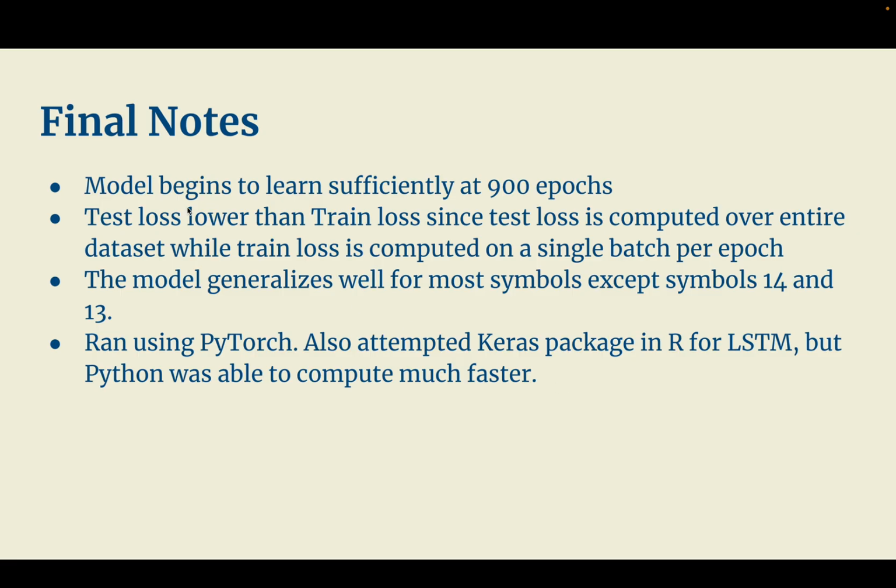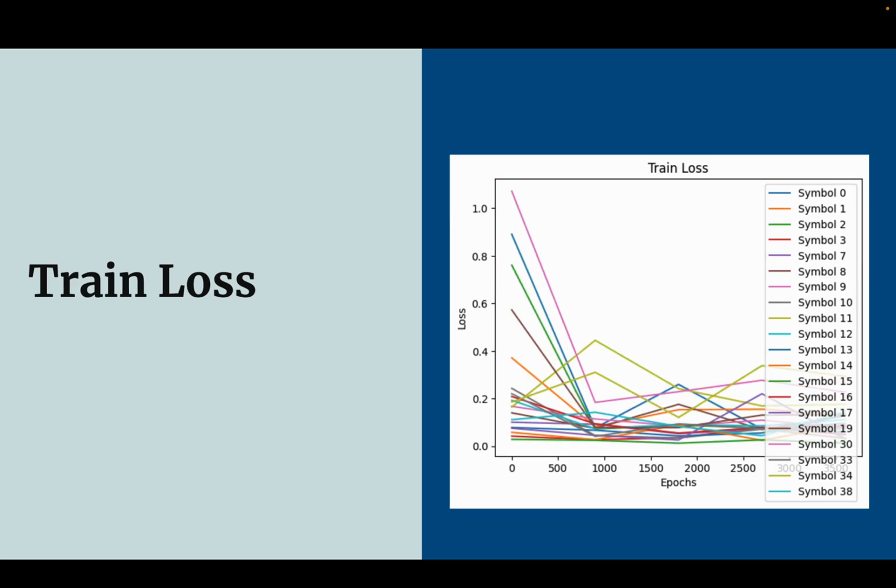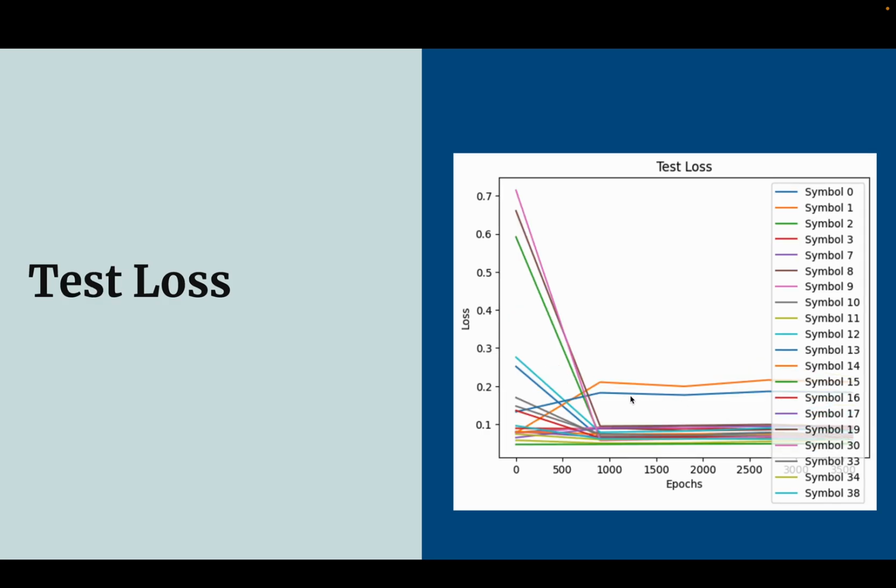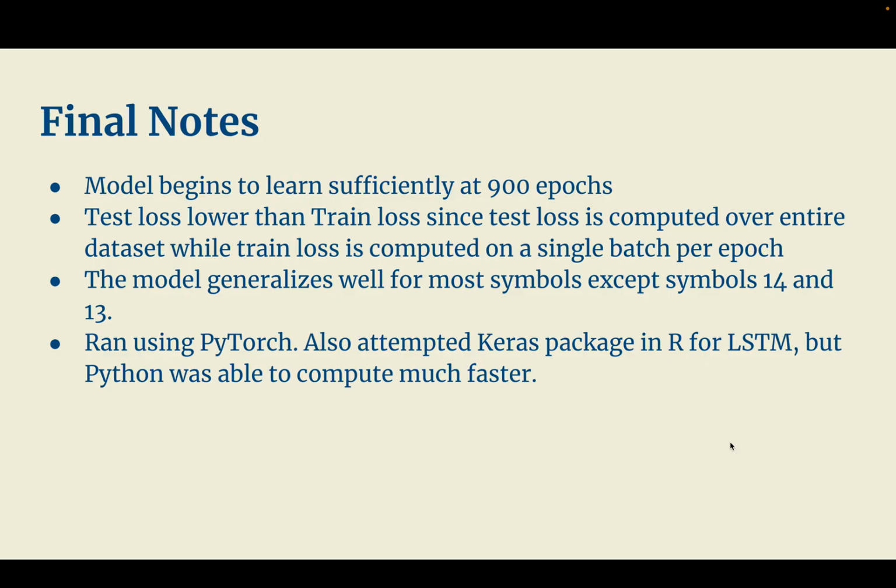You can see that the model begins to learn sufficiently at around 900 epochs. It'll either decide that it can or can't learn something at that point. So in the train around 900 epochs, things start tapering out mostly. They don't really improve too much, as well as here in the test. You can also see the test loss is generally lower than the train loss, and this is mostly because of the way I calculated it.